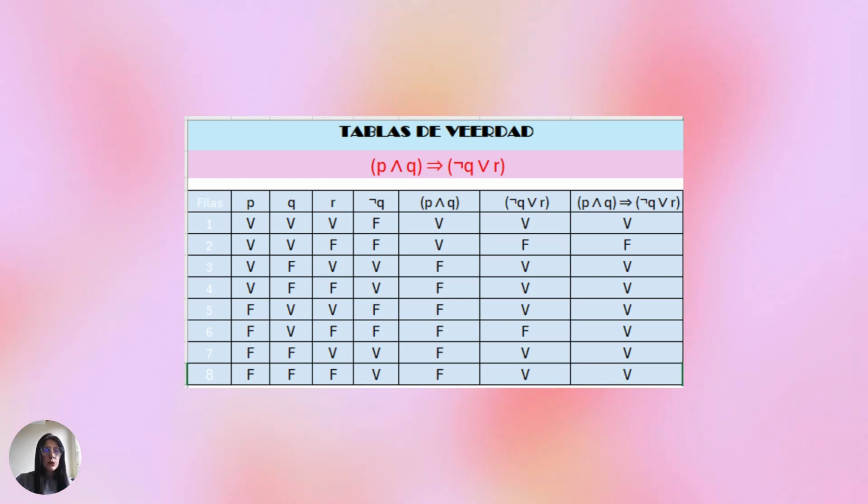Now we are going to be focused on the parenthesis exercise, that will be P and Q. This connector is "and," or conjunction. That means that both of these statements have to be true to get the result true as well.